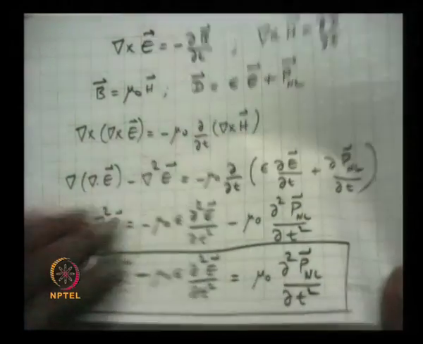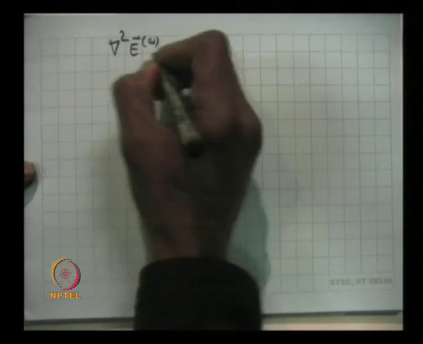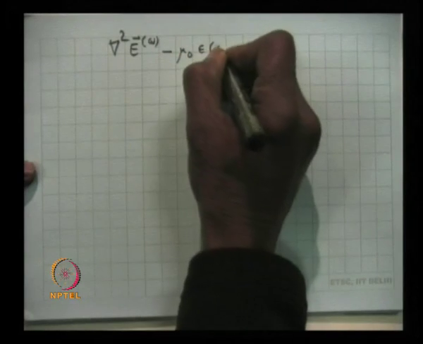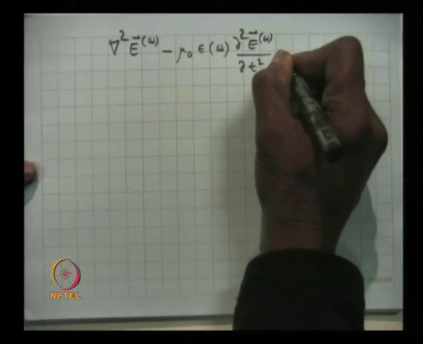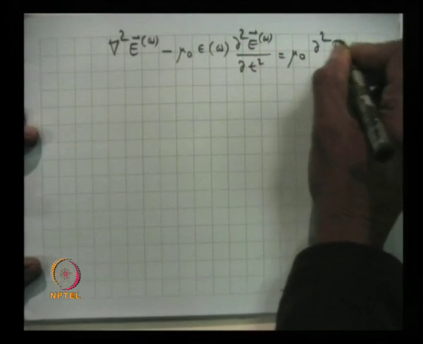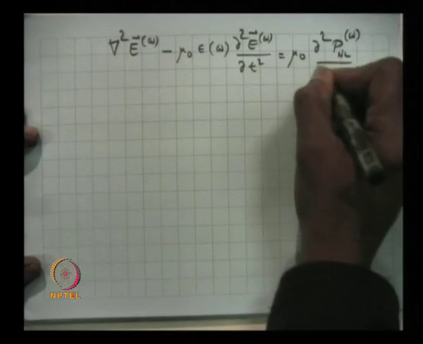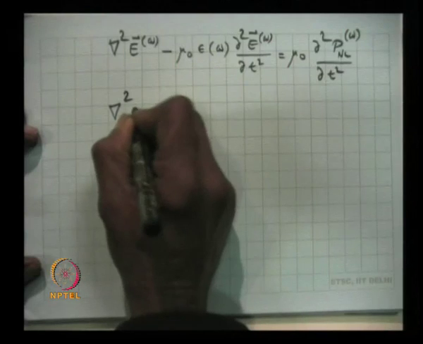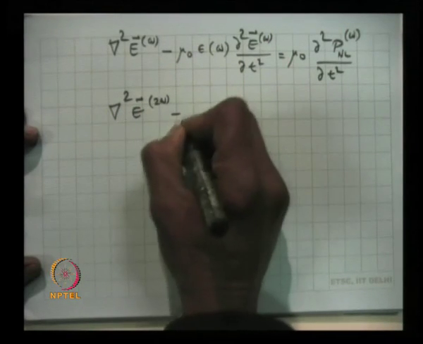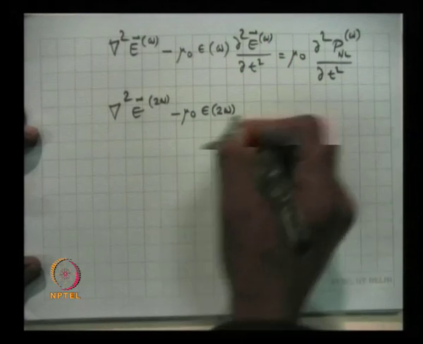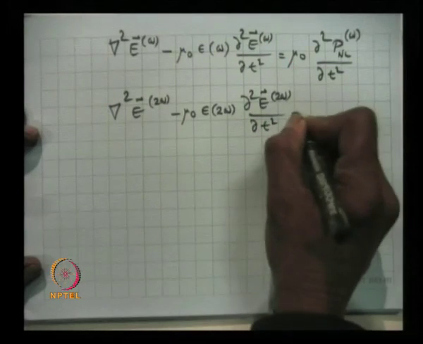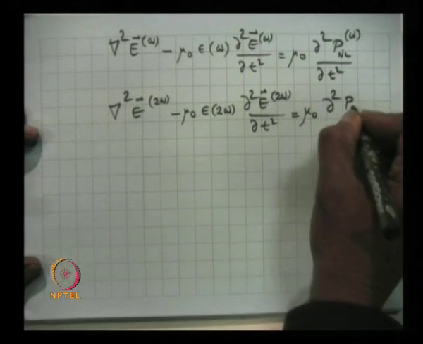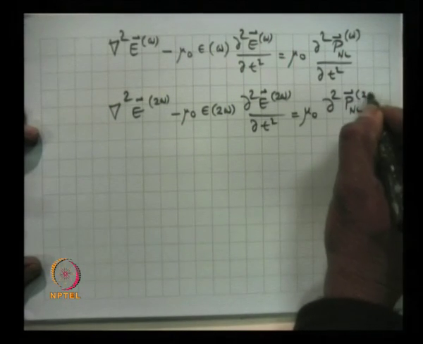So, for example, I would have to satisfy these equations: del square E at omega minus mu 0 epsilon of omega del square E of omega by del T square is equal to mu naught del square P nonlinear at omega by del T square, and del square E of 2 omega minus mu 0 epsilon of 2 omega del square E of 2 omega by del T square is equal to mu naught del square P nonlinear at 2 omega by del T square.